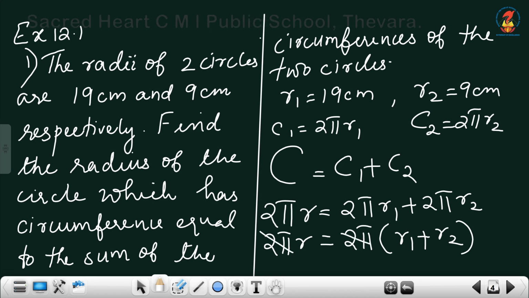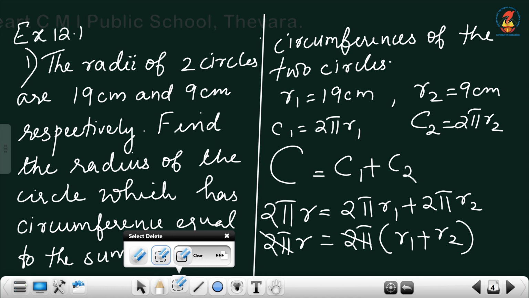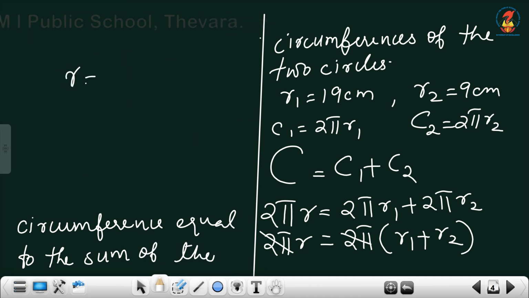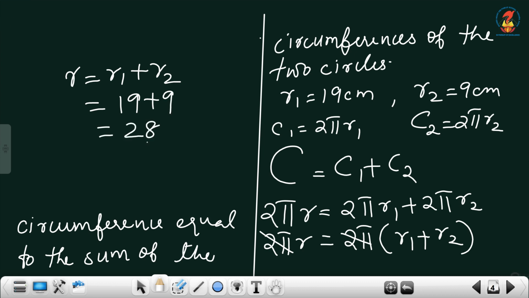So, we can cancel both the 2 pi's. What do you have to get? The radius of the circle. So, radius is equal to r1 plus r2, which is 19 plus 9, equal to 28 centimeter.